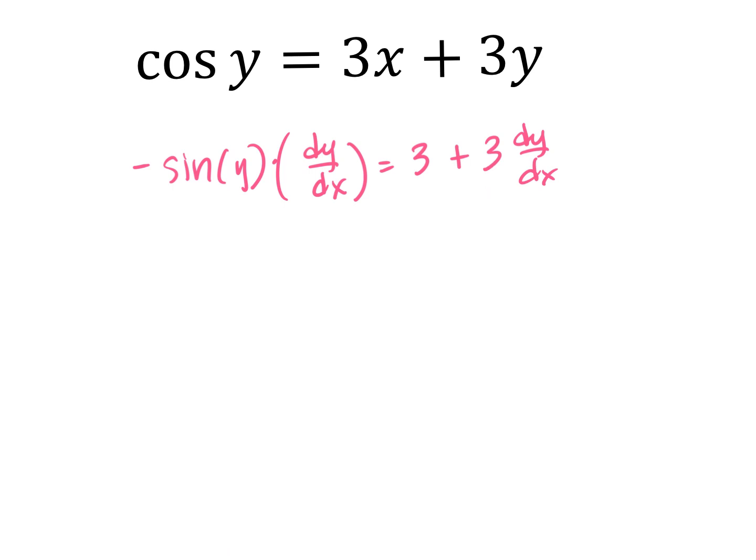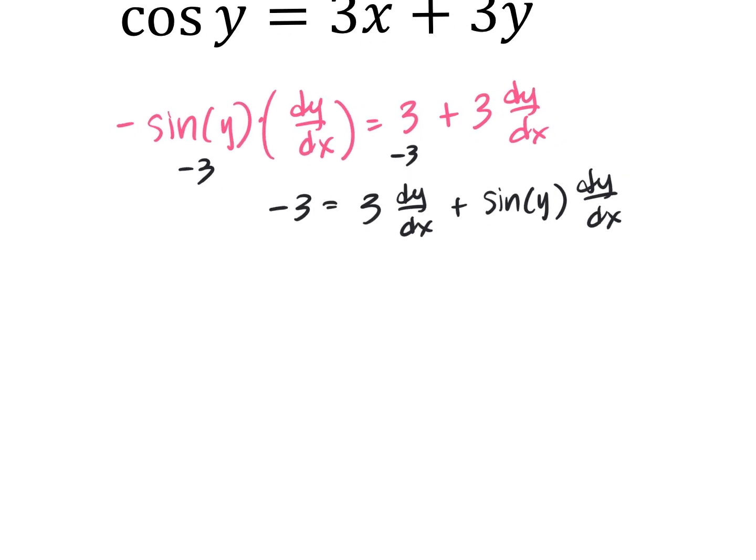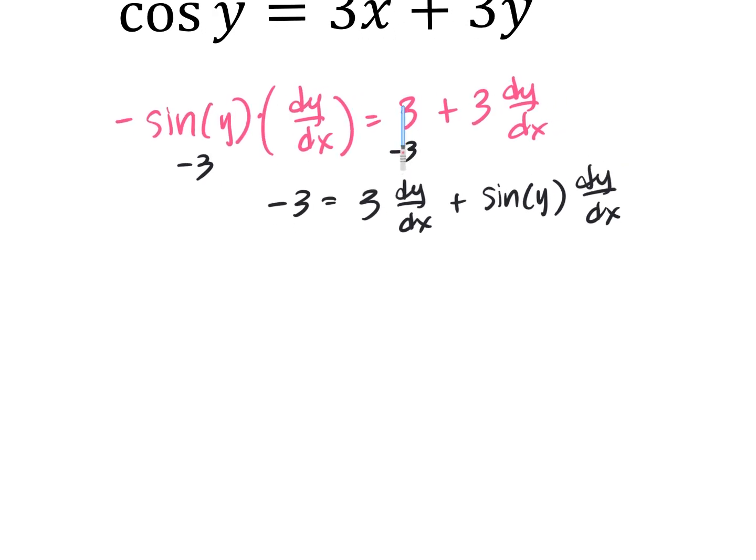So are we cool with moving this 3 over? So I've got negative 3, and then adding this quantity over. So we've got negative 3 equals 3 dy dx plus sine of y dy dx. You okay with the algebra that I just did there? I moved that guy to the left, and then I'm adding all of this. Because it's all being multiplied, I got to bring all that over. How would I get my dy dx, just have one dy dx over here?